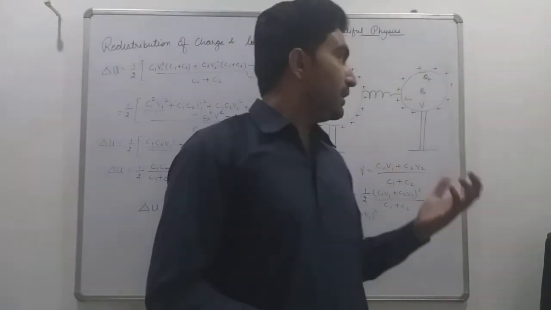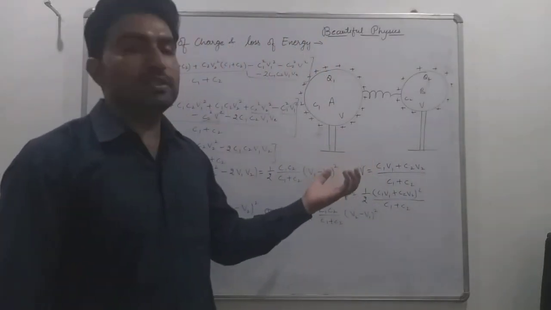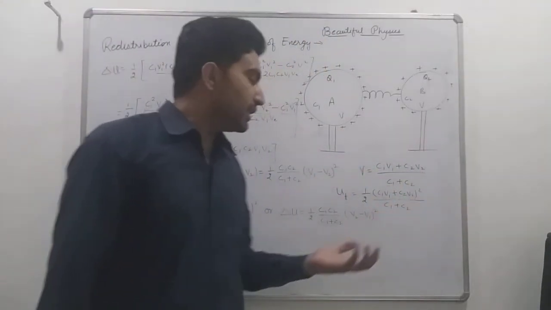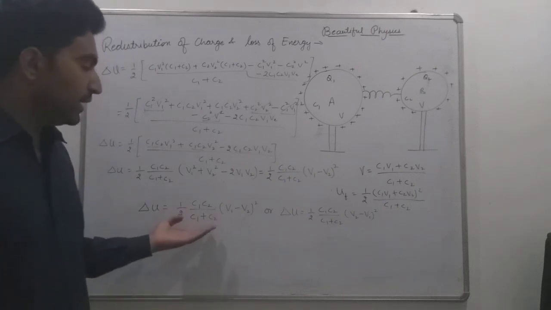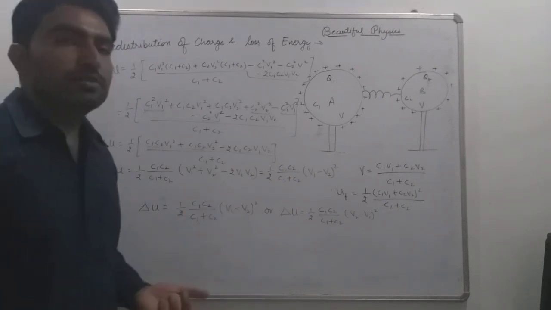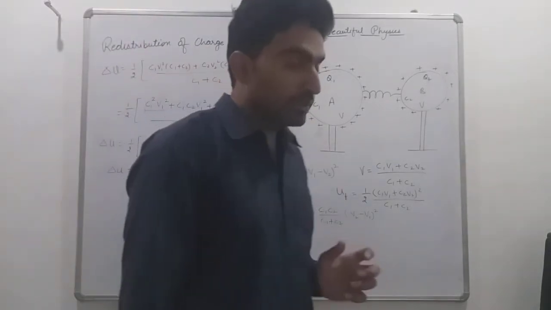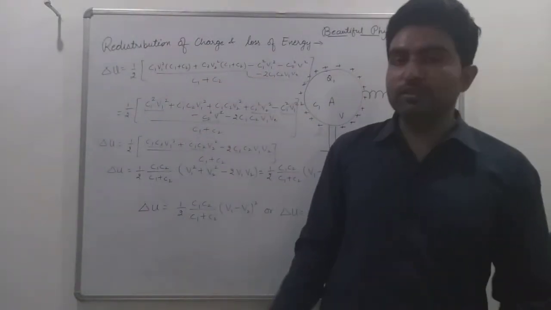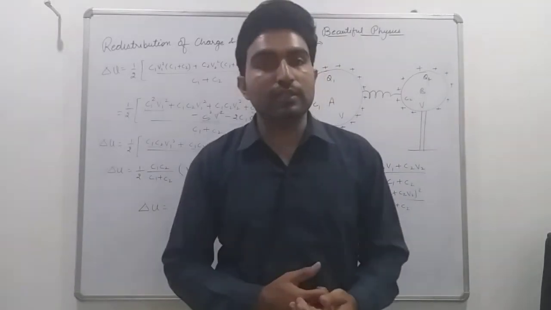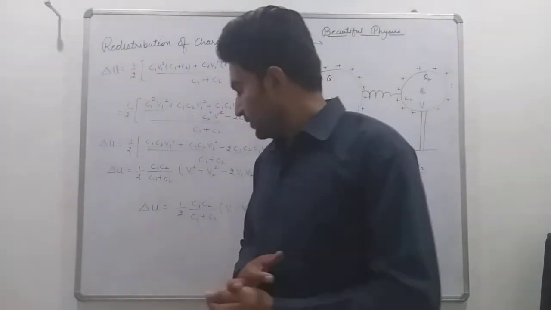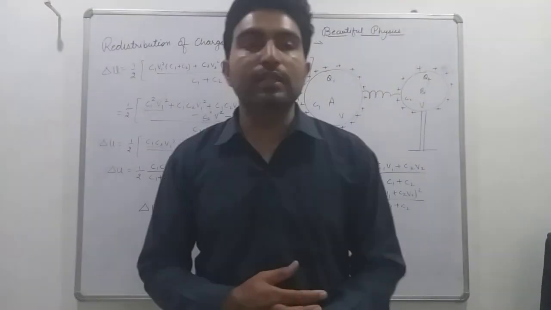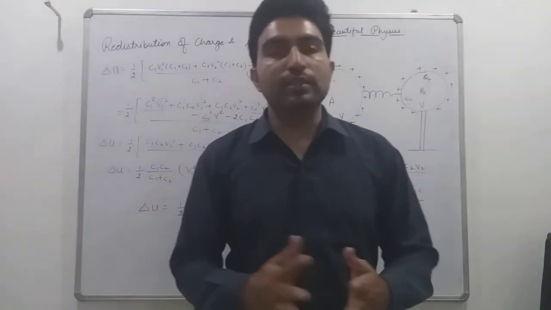While transferring the charge, some energy is lost in the form of heat, and that energy will be equal to half of C1 C2 divided by C1 plus C2 into (V1 minus V2) whole square. Here C1 and C2 represent the capacitances of the conductors A and B, and V1 and V2 represent the initial potentials of the conductors.